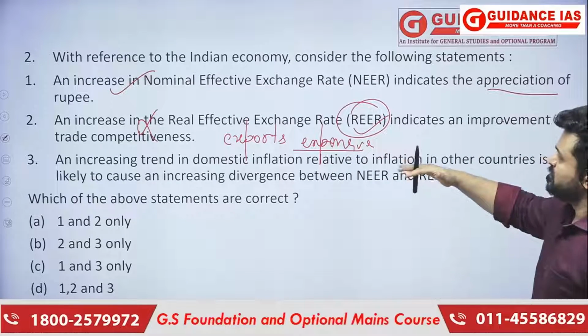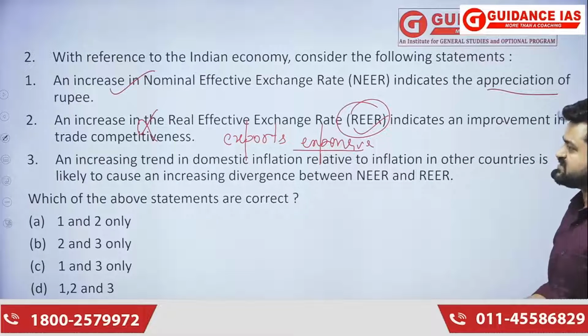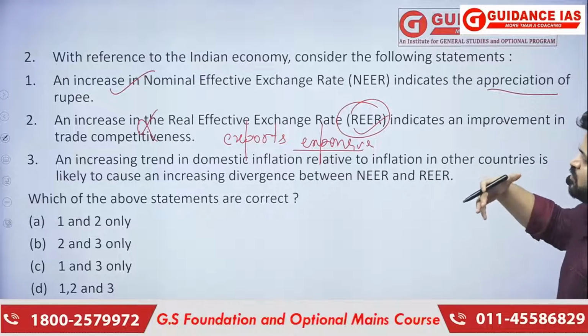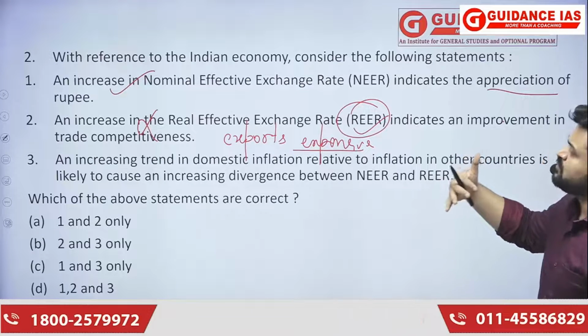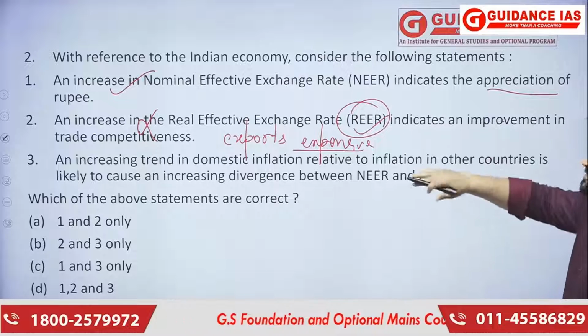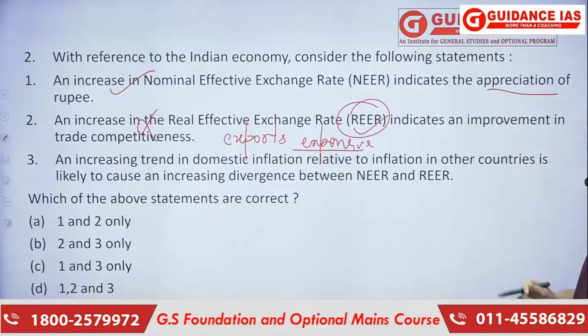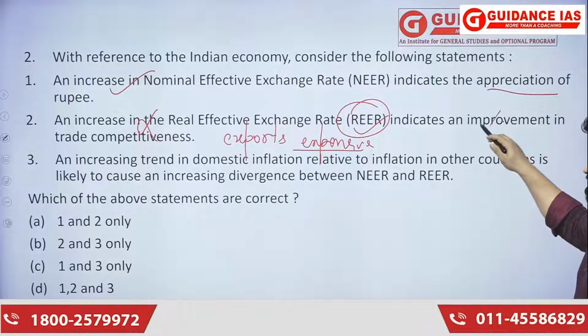So it is actually going to decrease the competitive edge of the exported items. It is also going to decrease the cost that you incur in imports. So exports become expensive and imports become cheaper. That is why this statement becomes incorrect.